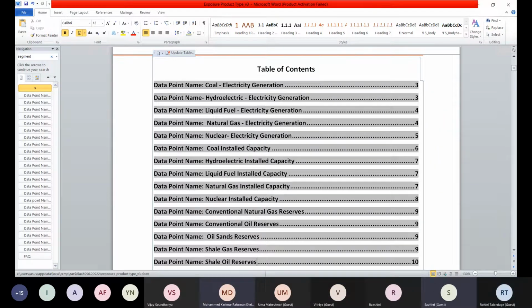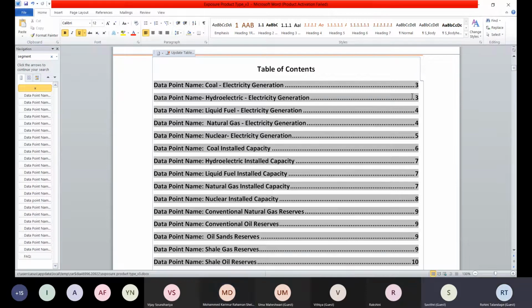Any questions, Vidya? No, sir. Okay, so these companies are in the business of electricity generation. Before capturing the answer for this data point, kindly make sure the company you are processing is into the business of electricity generation or not.